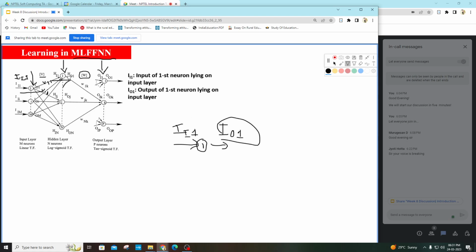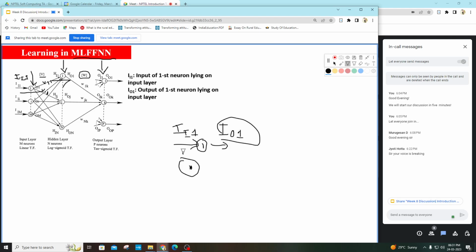Similarly, weights, like if this is the first neuron of input layer, right? And this is first neuron of hidden layer. So now the output from this end, like IO1, will not completely go to the input of this hidden neuron, right?